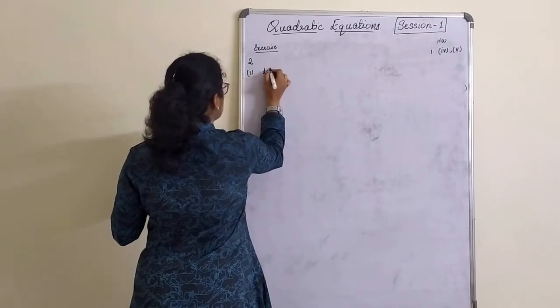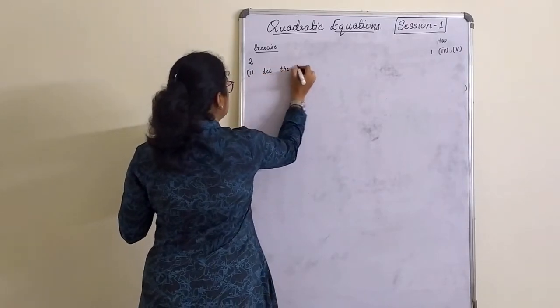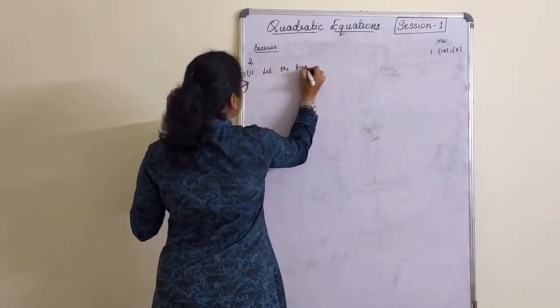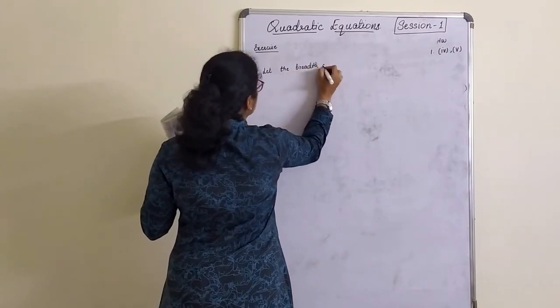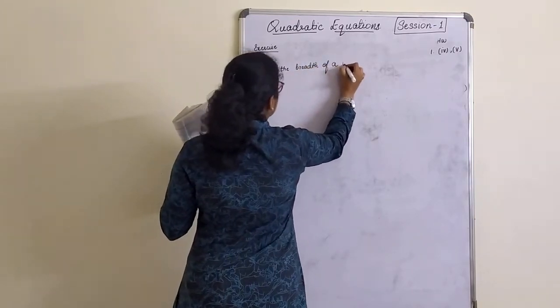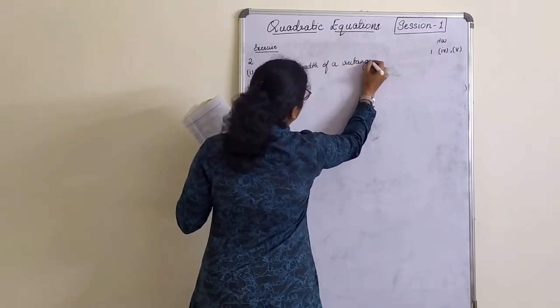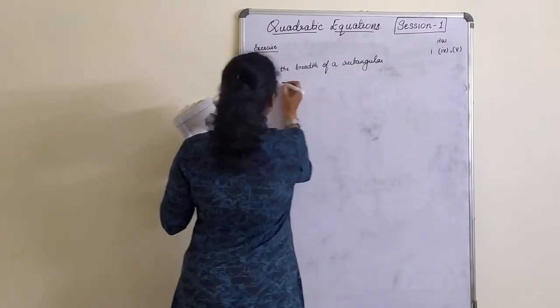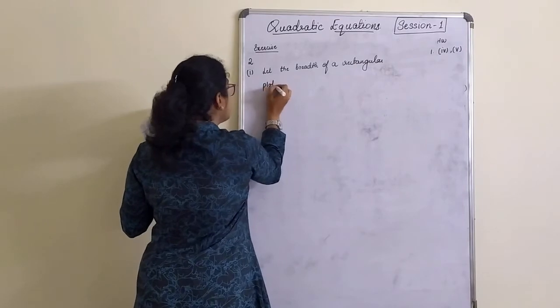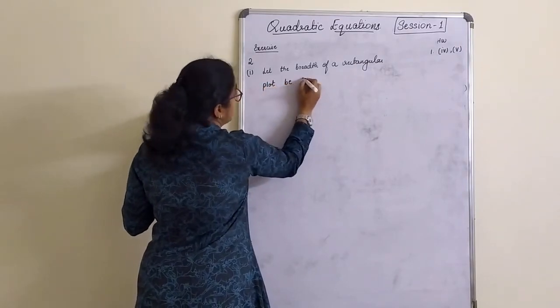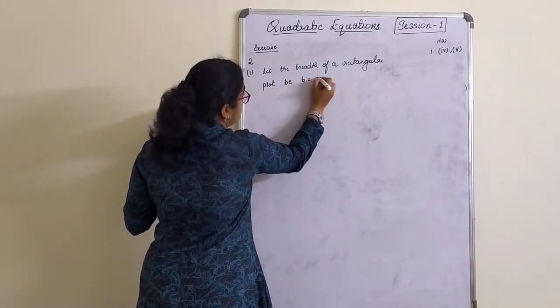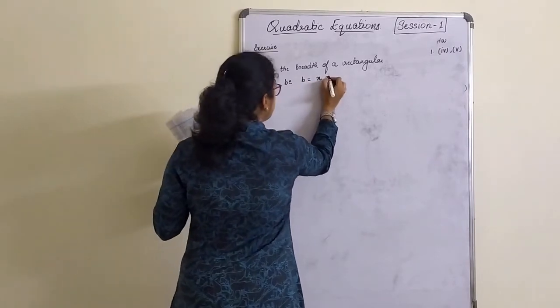Let the breadth of the rectangular plot be x meter.